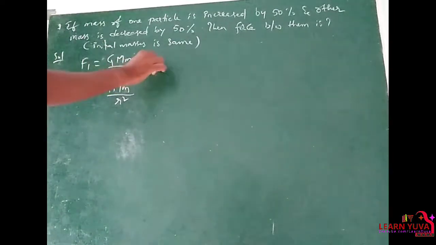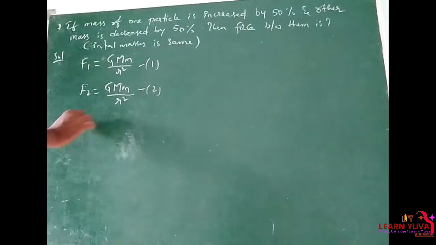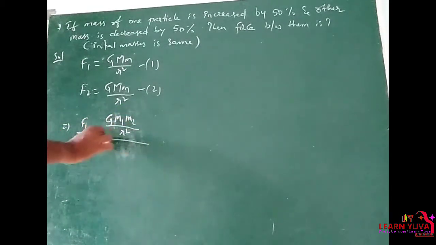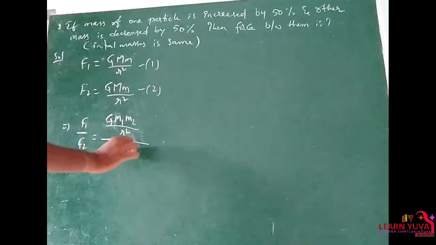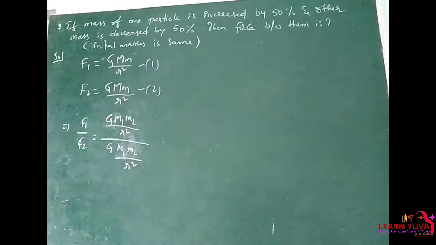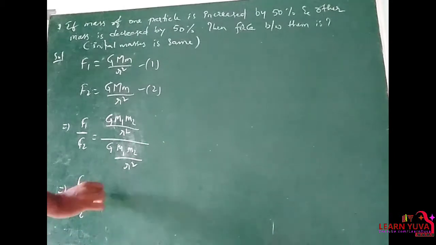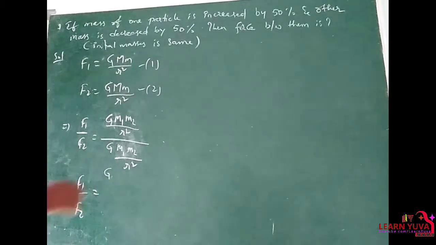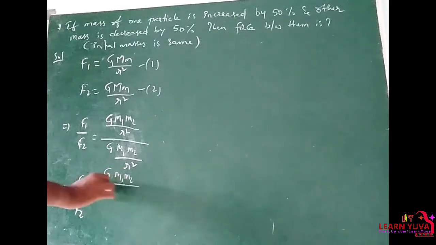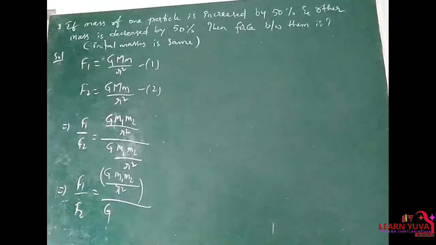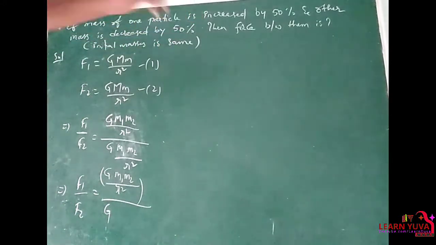So that applies: F1 by F2 is equal to G into m1 m2 by r square, and G into m1 m2 by r square, where one mass is increased by 50%.